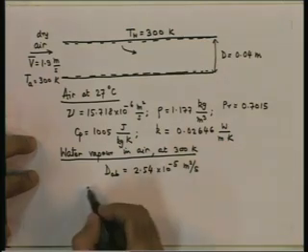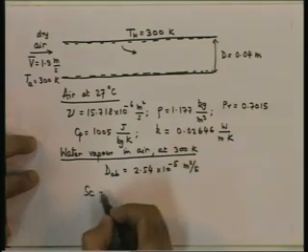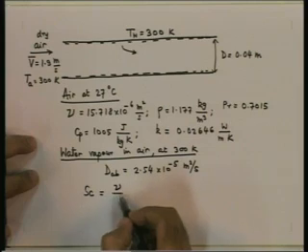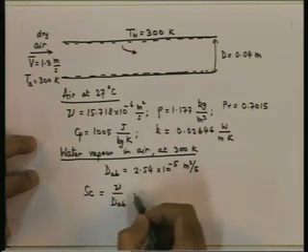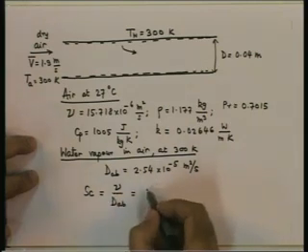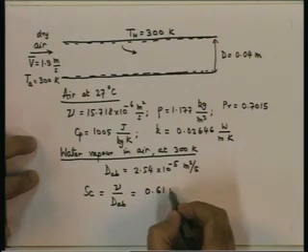This immediately allows us to calculate the Schmidt number, which is nu divided by DAB. That turns out to be 0.6188.